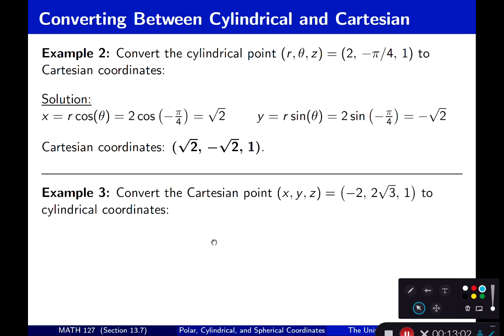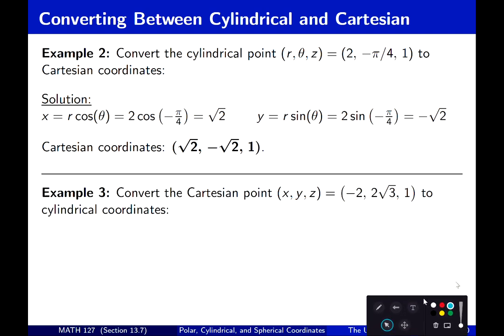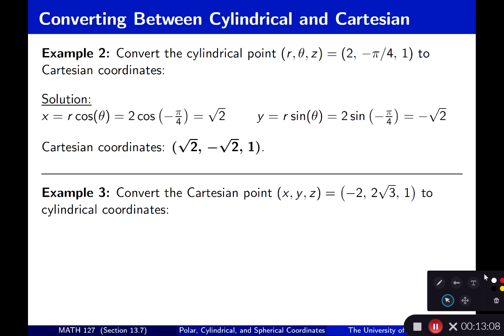Let's convert the other way around. Let's convert the Cartesian point x, y, z equal to negative 2, 2 square root of 3, and 1 to cylindrical coordinates. Z is going to stay the same, so z is 1.